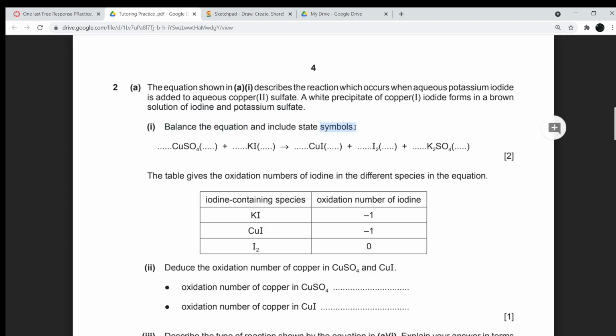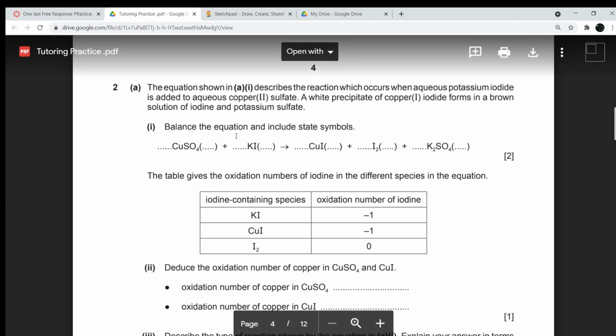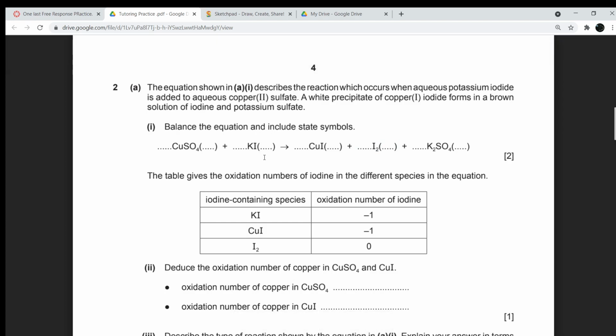Balance the equation and include your state symbols. Okay. Well, in this case, the state symbol for this is going to be aqueous, solid, aqueous. Okay. Then we have to count. We'll have to put a 2 here.